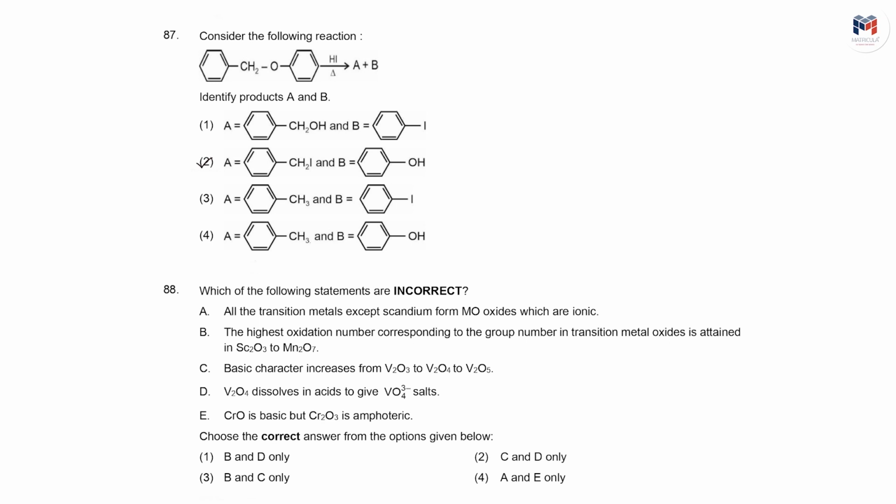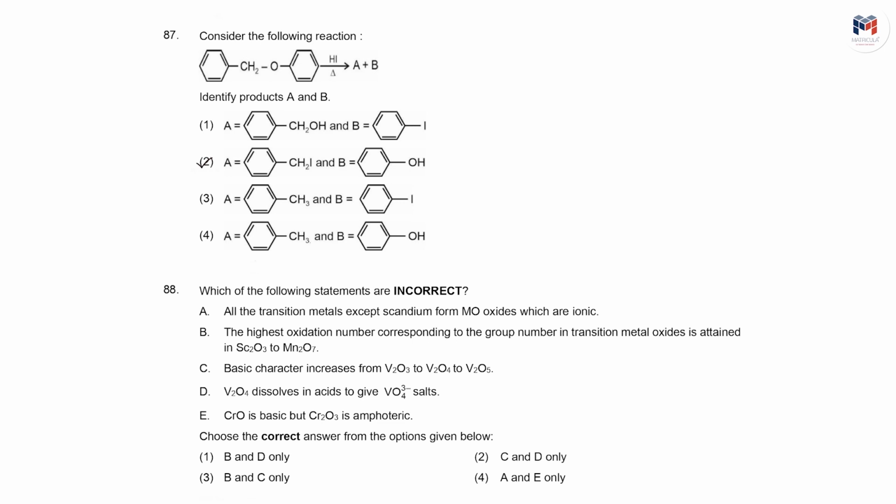Option C. Basic character increases from vanadium 2 oxide to vanadium 4 oxide to vanadium 5 oxide. Option D. Vanadium 4 oxide dissolves in acids to give vanadate 3 minus salts. Option E. Chromium 2 oxide is basic but chromium 3 oxide is amphoteric.